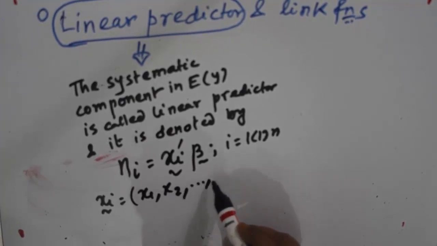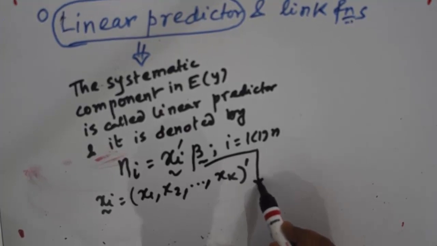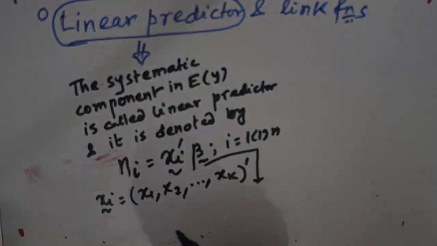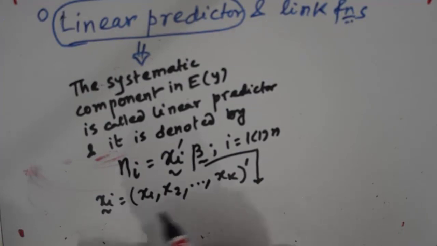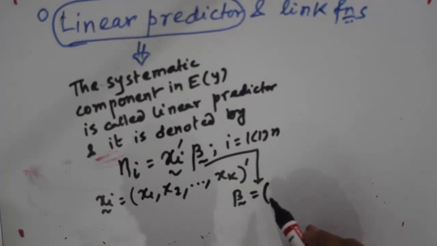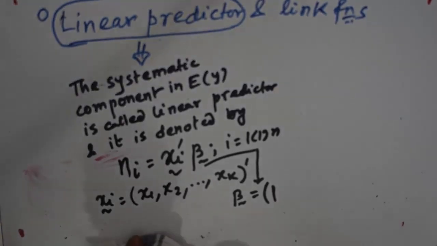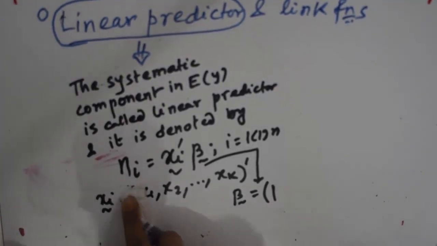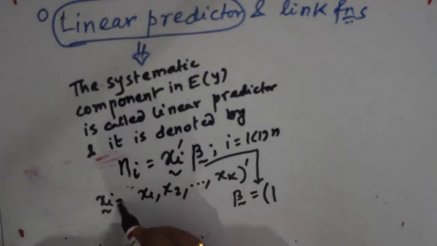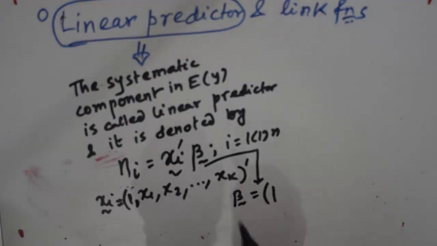Since here we consider k explanatory variables, xi curl is the k explanatory variables along with 1, that is 1, x1, x2, xk.